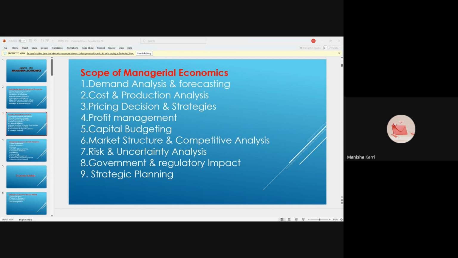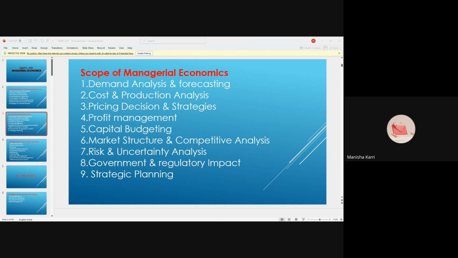Next one is pricing decisions and strategies. Here we determine the best pricing strategies to maximize profits within the organization, considering factors such as competition, market demand, and cost structures.